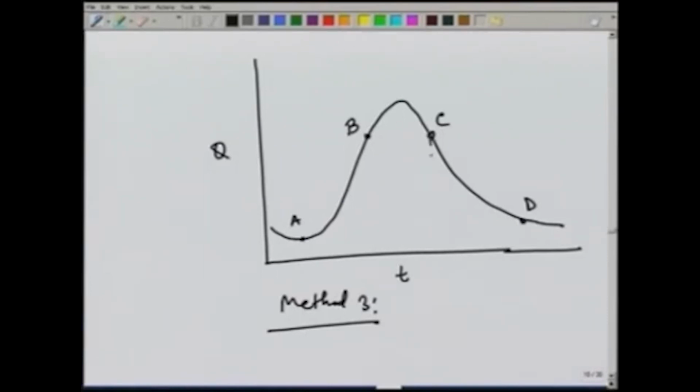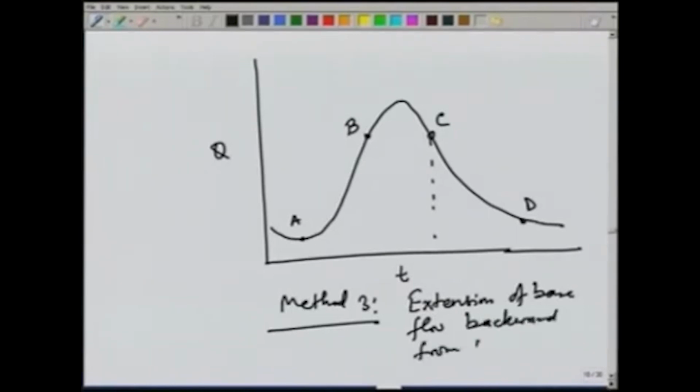So, what we do in this method is extension of base flow backward from D. So, we extend the base flow component.